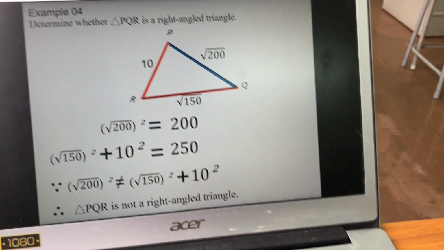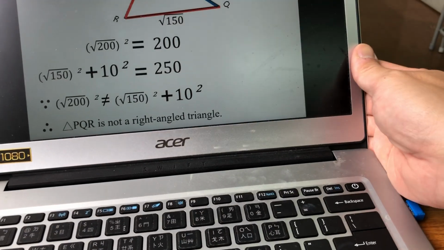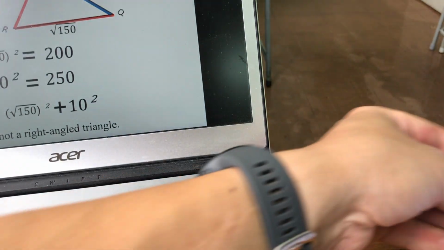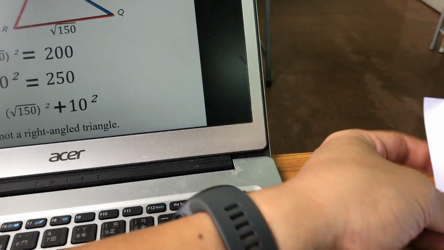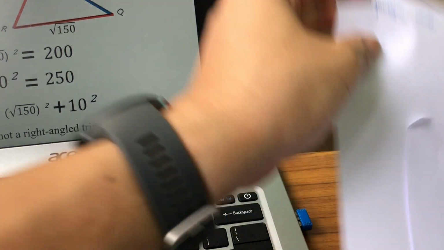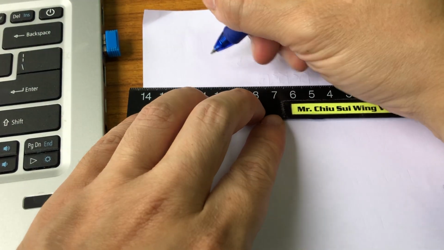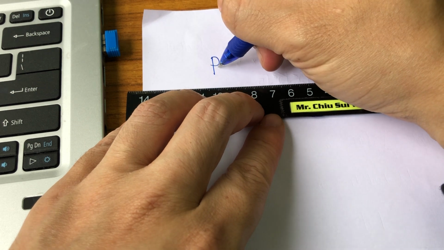Okay? So, let me put it down. So in this chapter, we've learned one of the most important theorems in math. We call this the Pythagoras theorem.